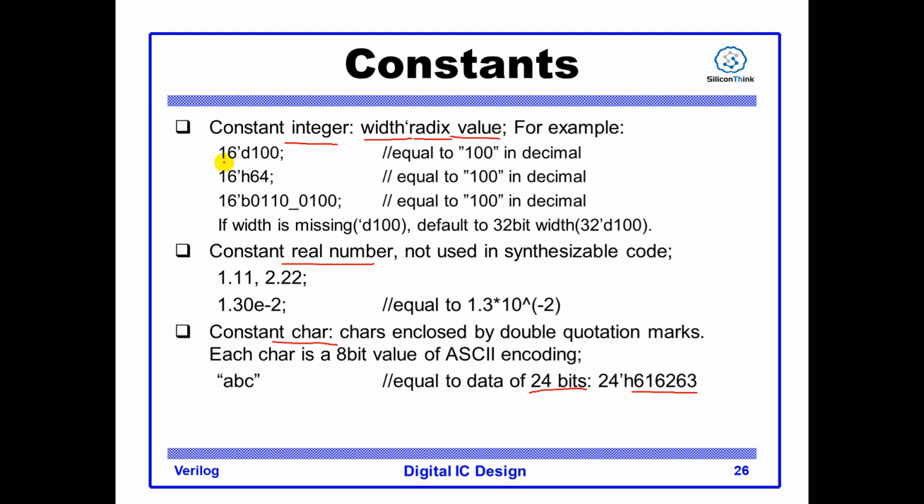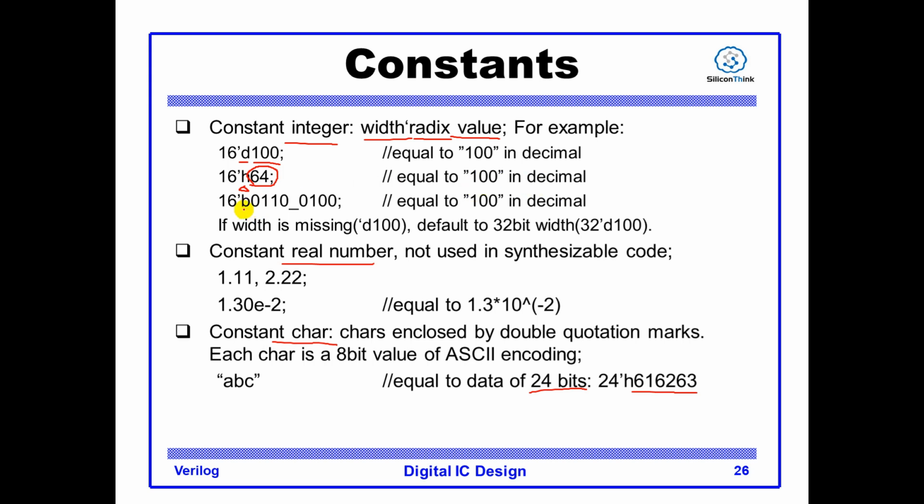For example, you can write 16 single quotation D 100. This means you define a constant value of 100 in decimal format, and it's 16-bit width. The H means the number after it will be treated as hex, so this will equal 100 in decimal.